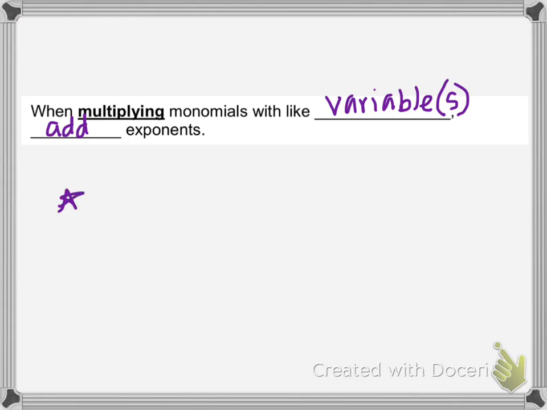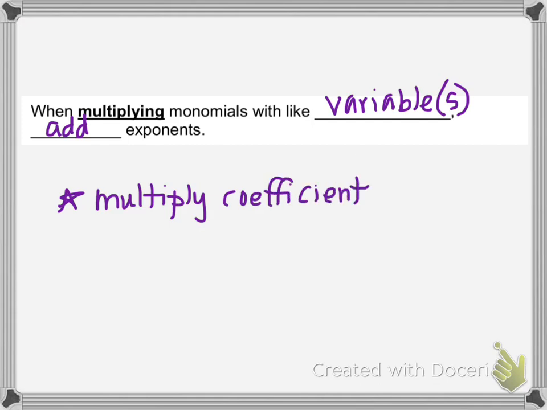The way that we're going to do this, you multiply the coefficients. Those are the numbers in front. Okay, so you multiply the coefficients, and then you add the exponents for all the same type of variable.